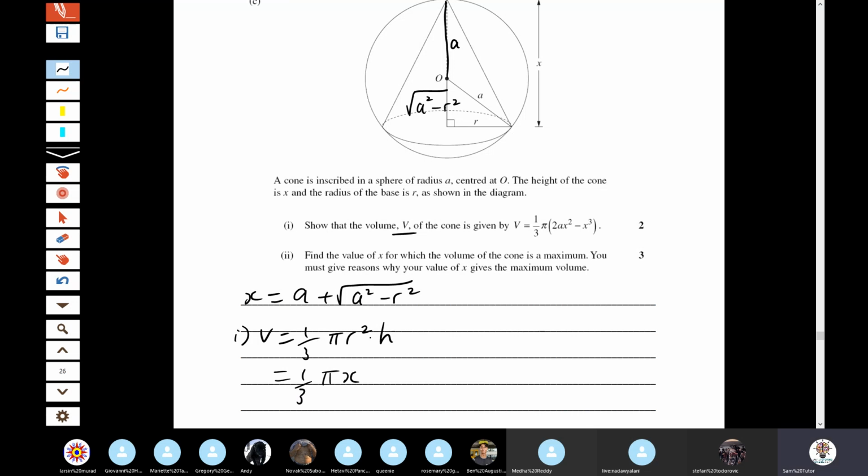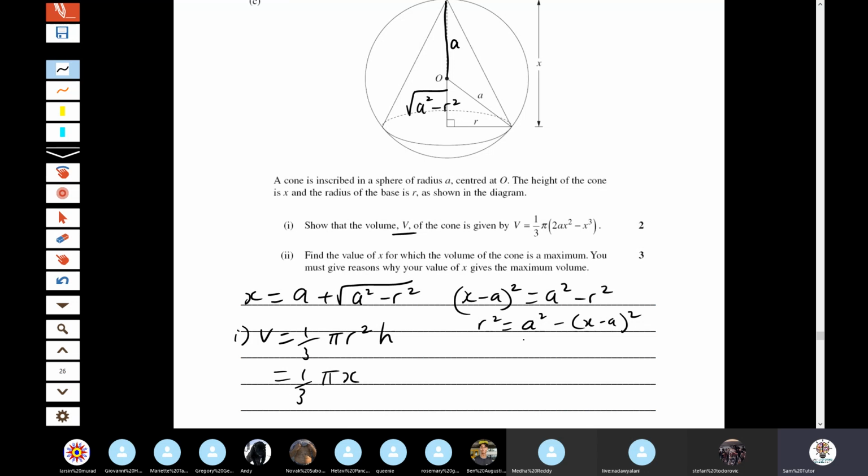Don't make r the subject, that'll be silly. Just make r squared the subject, because you just want r squared. So you're going to get x minus a, square it, and then swap sides. So r squared is equal to a squared minus (x minus a) squared.